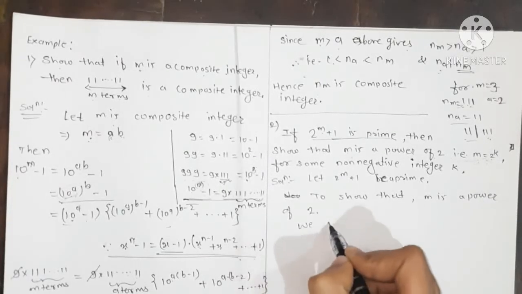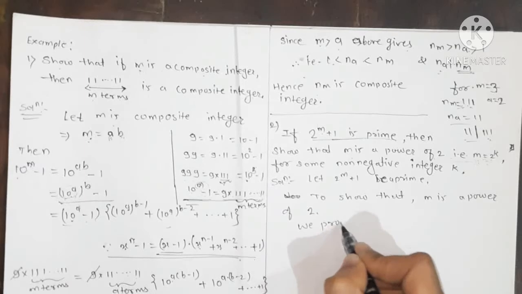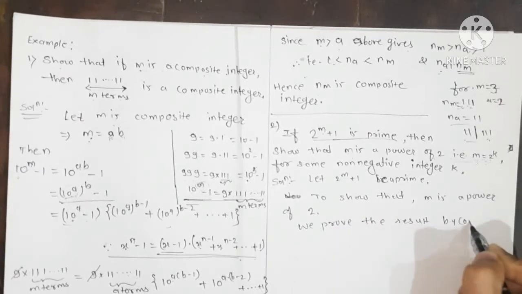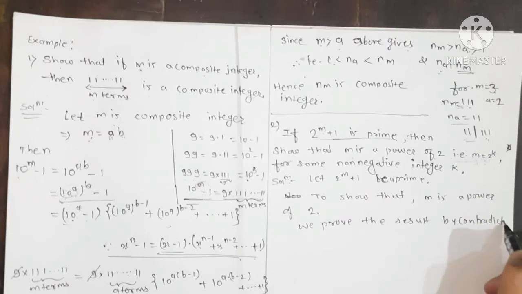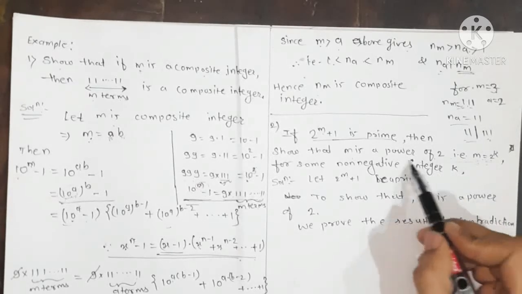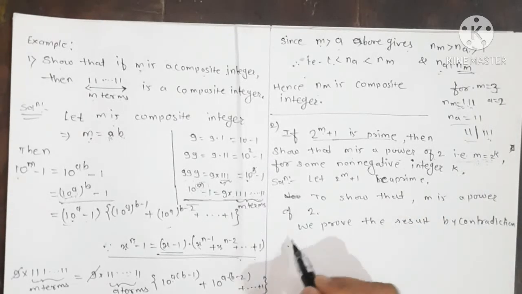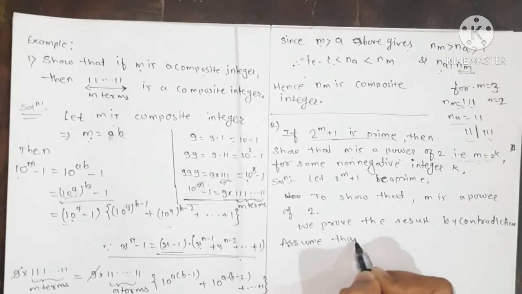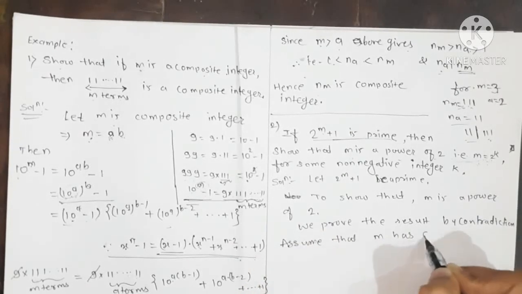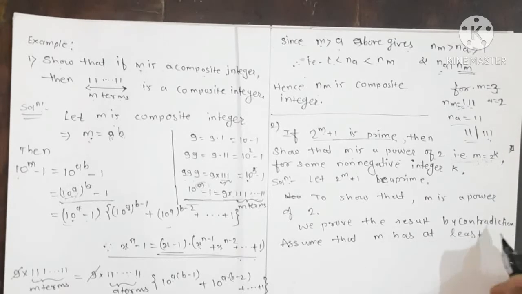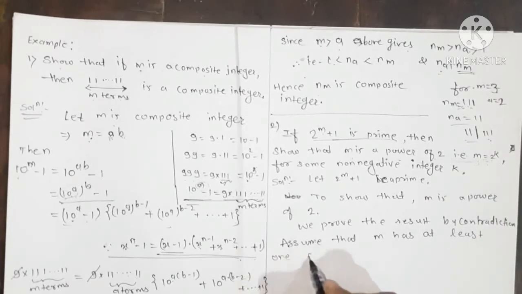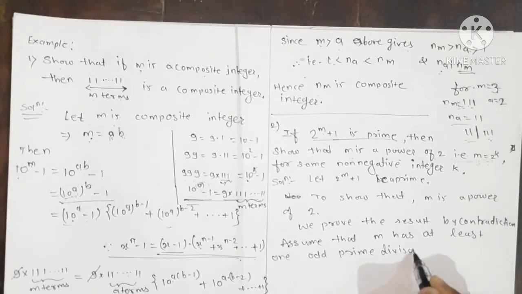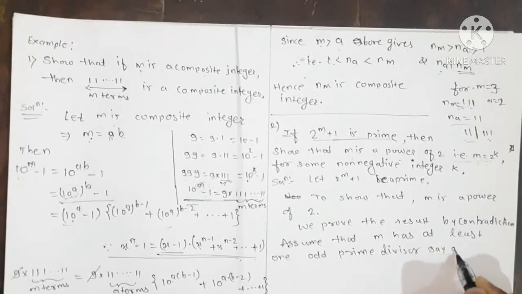We prove the result by the contradiction method, and for this we assume that m has at least one odd prime divisor, and say it is a.